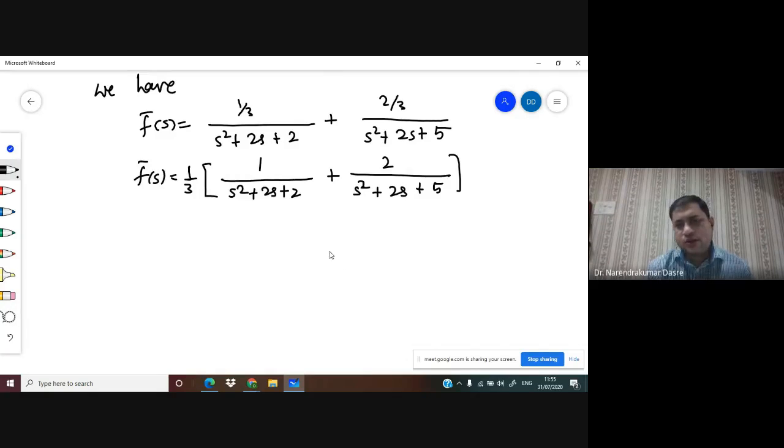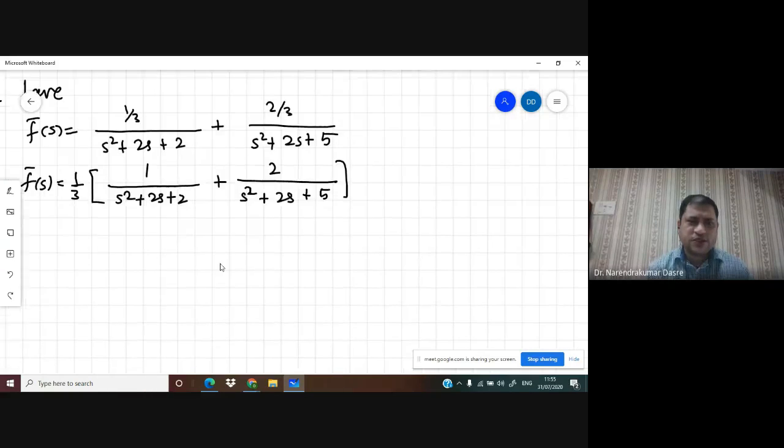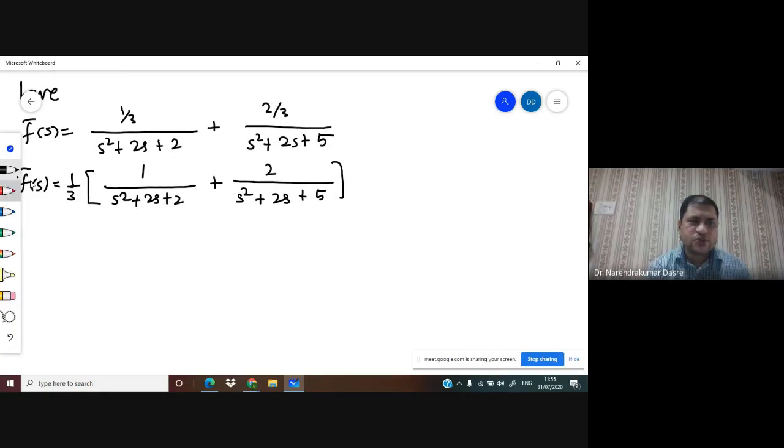Okay, now we have to simplify this. So this s term gives us the idea that there is going to be a shifting property, first shifting property. So we have to express these terms as s square plus a square. So how are we able to express these terms as s square plus a square?